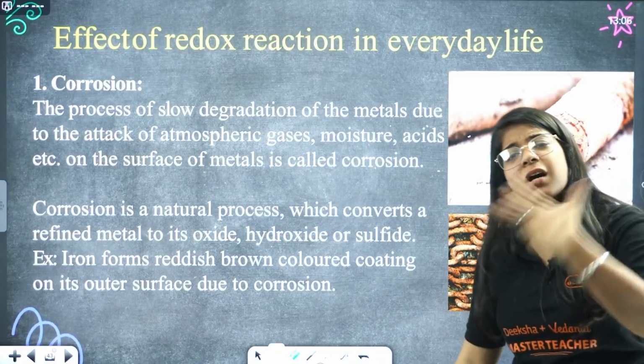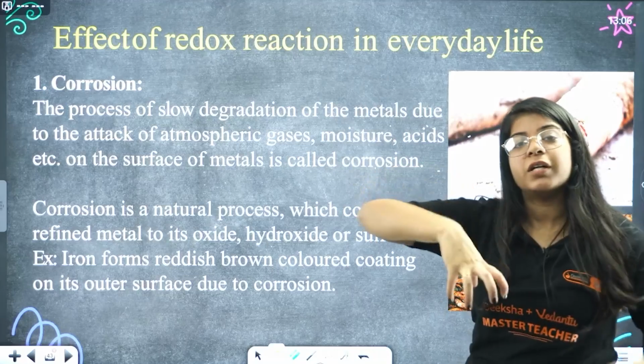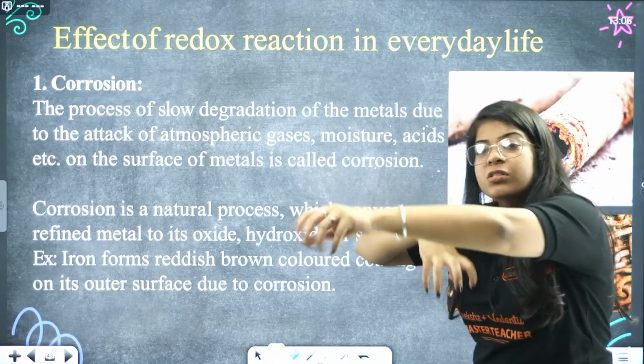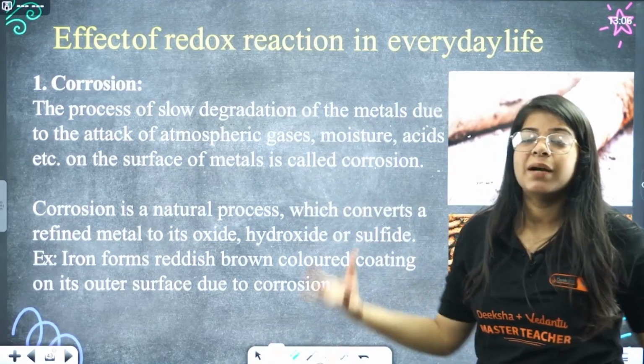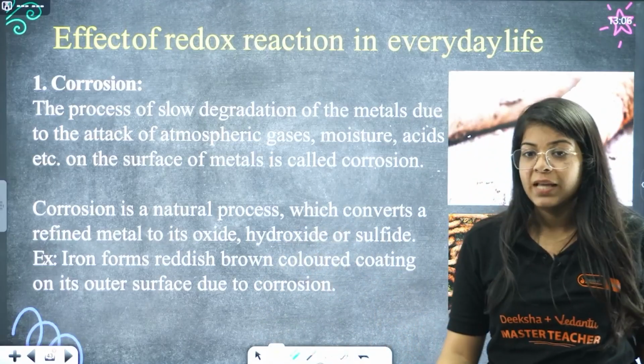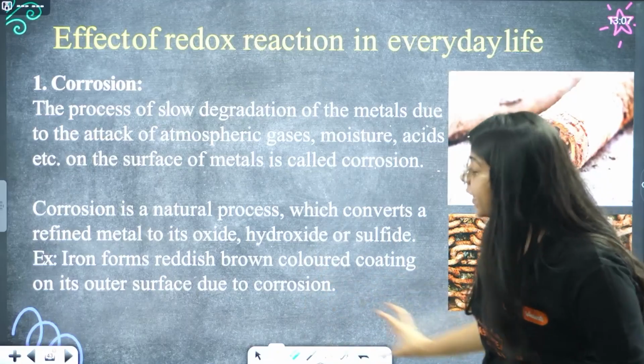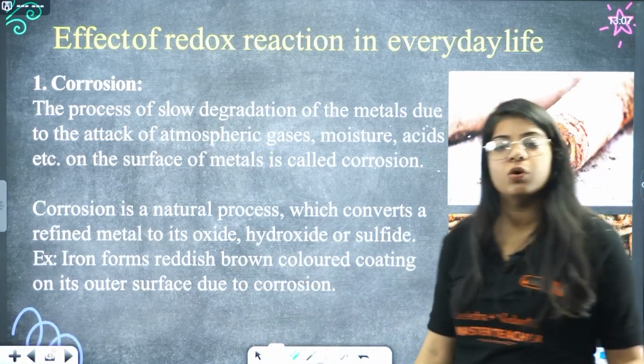Sulfur also makes the metal degrade, right? So if the metal is converted into its oxide, hydroxide or sulfide, we say the metal is getting degraded and corroded. Example, iron forms that reddish brown colored coating on its outer surface due to corrosion.